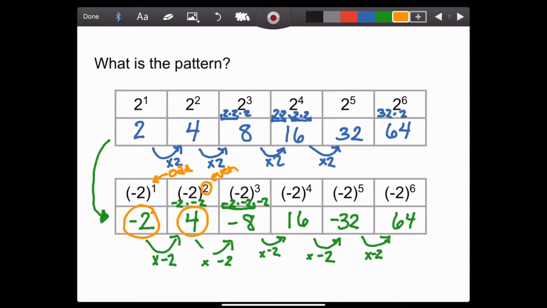Even. Odd, even. Odd, even. What can you say about odd and even? So here's odd, odd, odd. It looks like all the odds are negative.